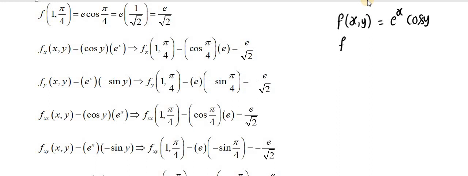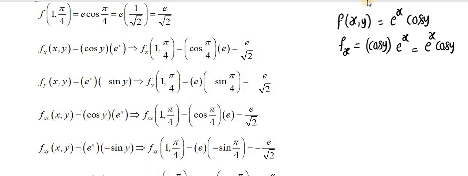Now we are doing partial differentiation with respect to x. So y is constant. Whenever y is constant, cos y is also constant. So put cos y as a constant. E power x differentiation is e power x. So the value of fx is e power x into cos y.